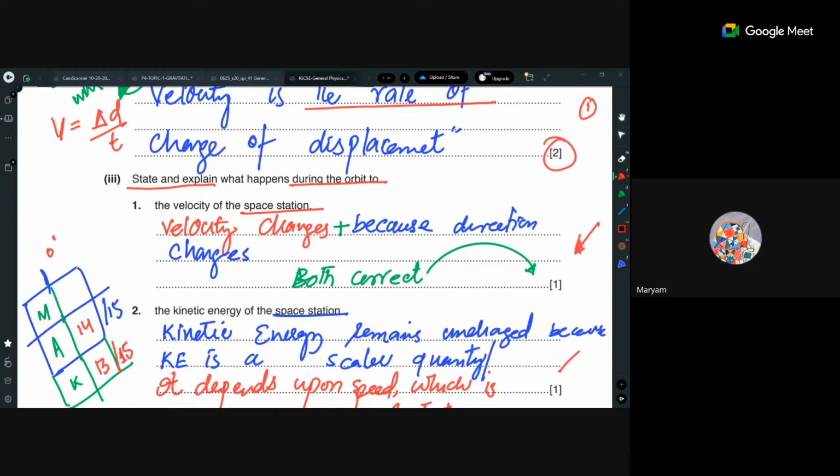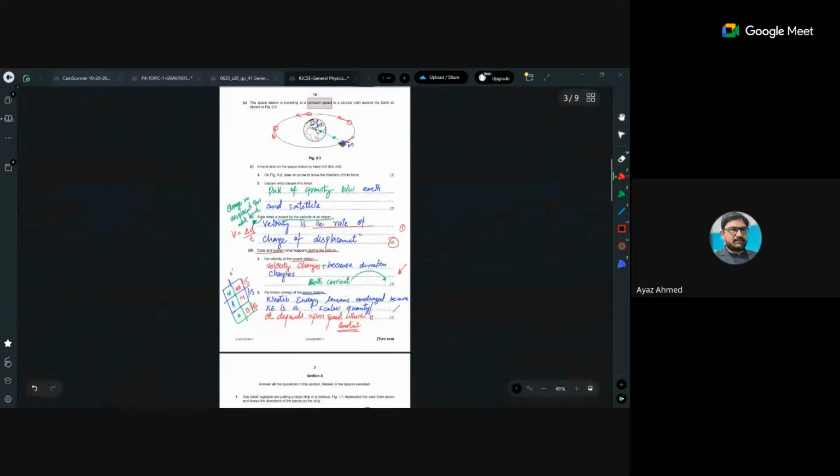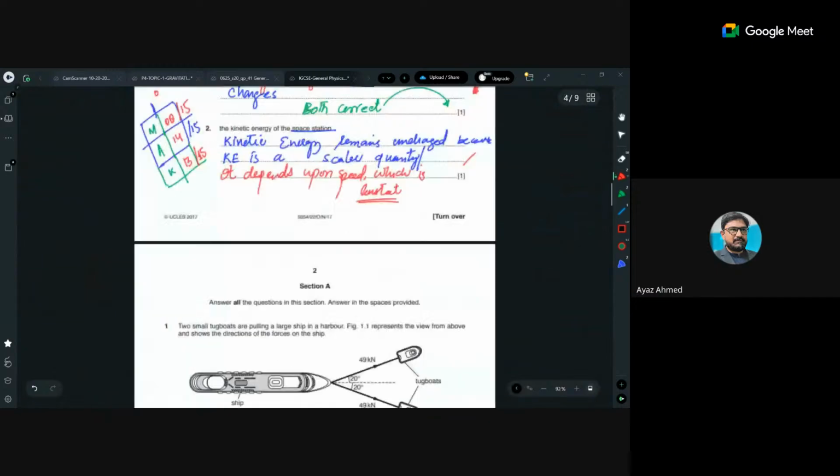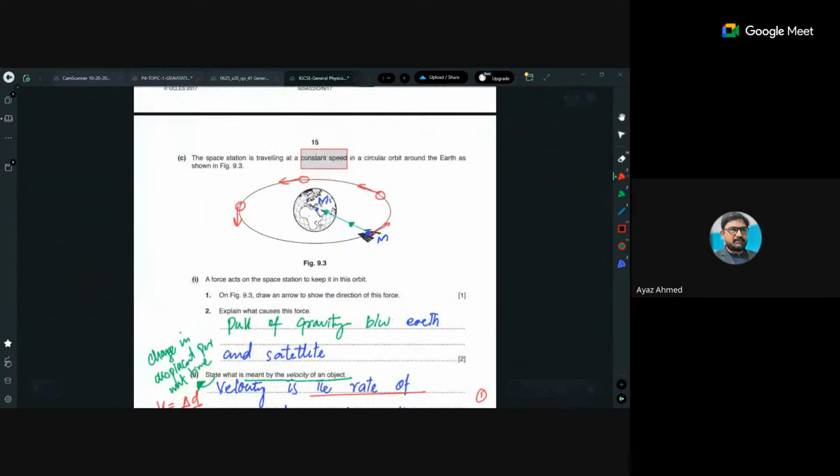I got 8 out of 15. Okay, not bad, it's fine. And if you had to do this question again, would you score 15 out of 15? Yes, sir. Good. Actually, in this question, why I selected this one: I saw many question parts, then selected this one. In this question he starts from the basic concept of kinematics, then goes to uniform circular motion and vector and scalars, each and everything.